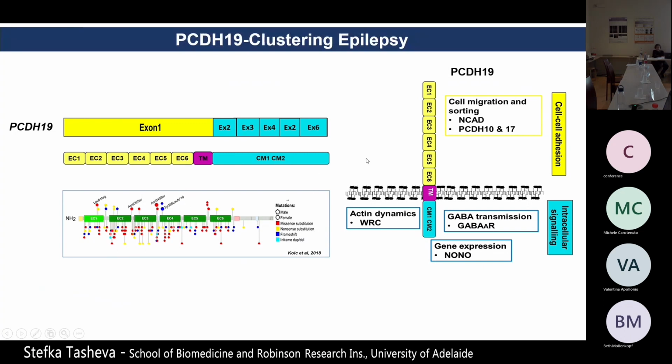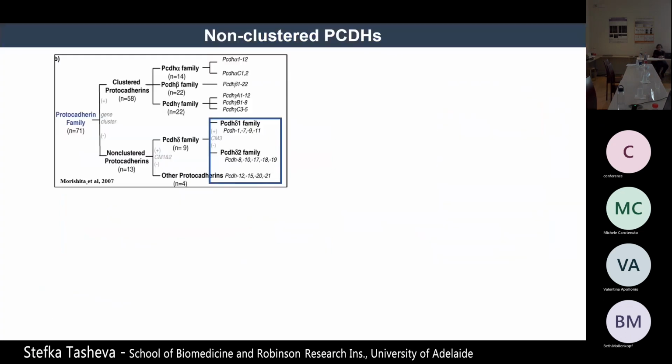As I said, exon 1 encodes the transmembrane and extracellular domain of the protein. In our laboratory, we are particularly focusing on this extracellular domain and the function that it plays in cell-cell adhesion properties.